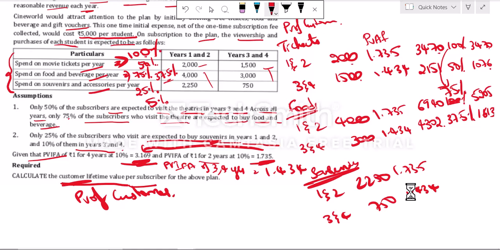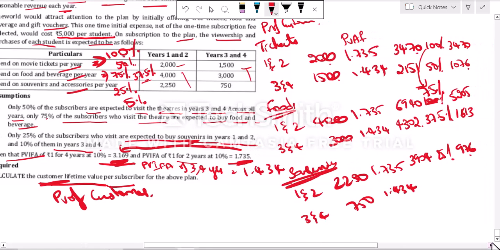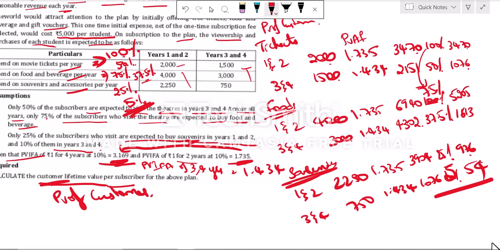So present value is 2250 into 1.735, which is 3904. Of that 25%, which is 976. Then 750 into 1.434 equals 1076, into 5%, which is 54. This is the present value of income.